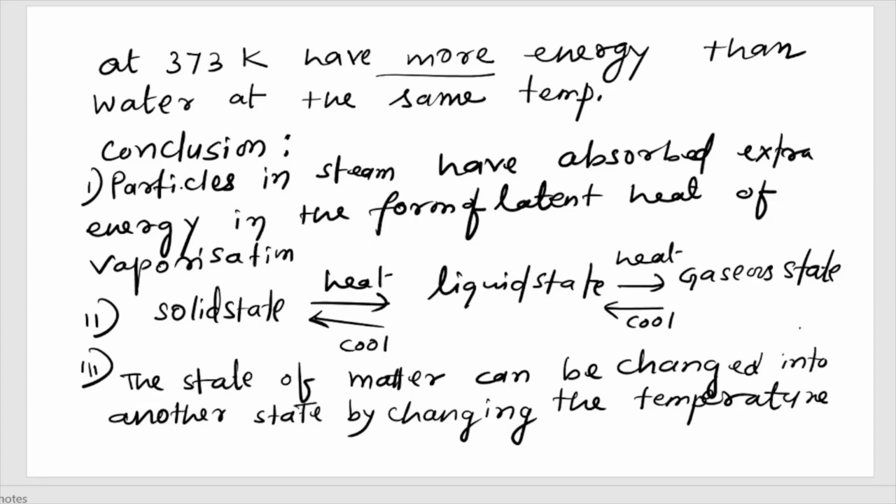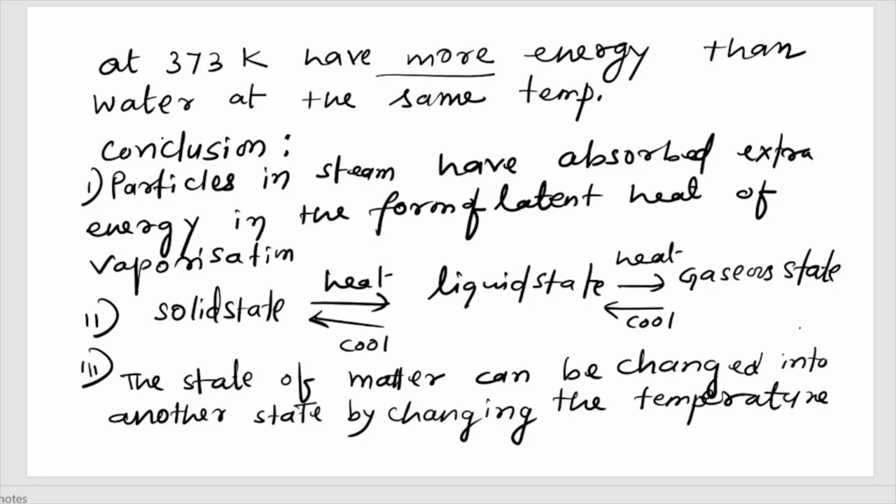Conclusion: particles in steam have absorbed extra energy in the form of latent heat of evaporation. That means latent heat is the energy required to vaporize 1 kg of liquid to vapors.